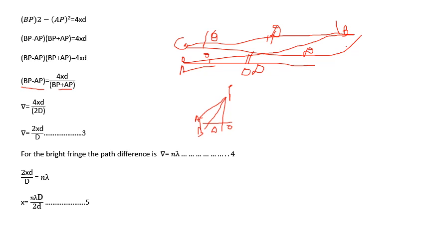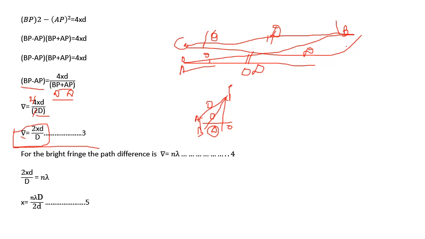If this distance is D, then we can say that this is also D and this is also D. So at the place of AP we can put D, and at the place of BP we can put D. In this condition we get 2D. So what is our delta now? The 4 is cancelled by this 2, and we get here 2. So the path difference is 2xd by capital D. This is our path difference between AP and BP.